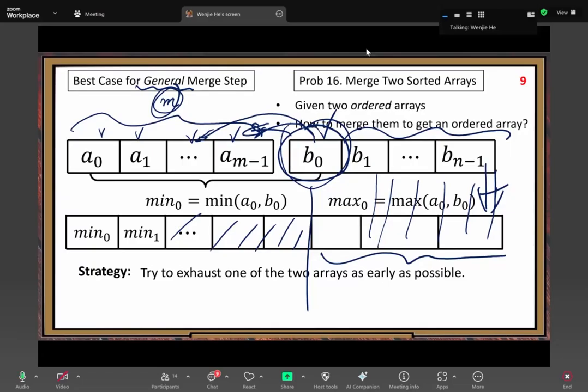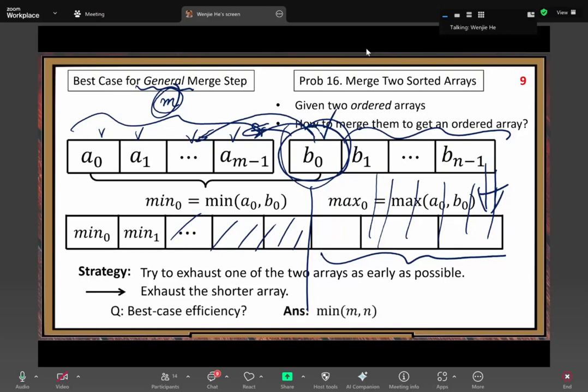So the minimum of these two numbers, the minimum of m and n. So exhaust the shorter array. The best case efficiency is the minimum of m and n.